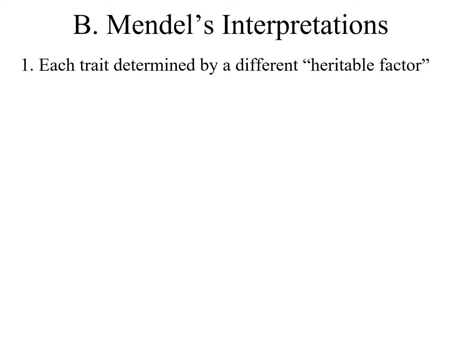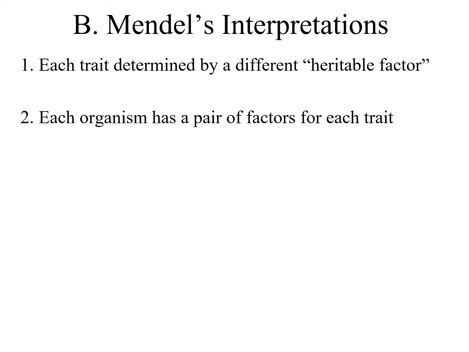That's not a term that was in use at the time. DNA was not known to be genetic material. Chromosomes, what's that? So Mendel was imagining some kind of physical particles that were passed from parent to offspring, and he called those things heritable factors, right? So each trait he looked at was controlled by a different gene.